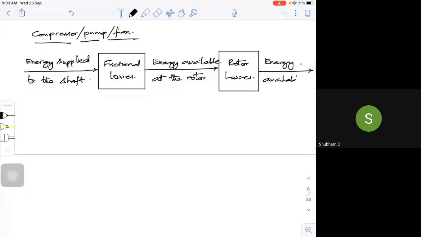If you call this as 1, this as 2, and this as 3. Similar to the different types of efficiency I defined for a turbine, here also I can.